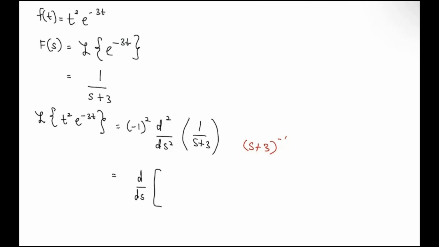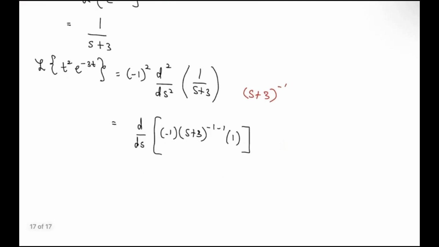What you get is negative 1 times (s plus 3) to the power of negative 1 minus 1, and then differentiate s, which equals 1. So this one is the differentiation: negative 1 times (s plus 3) to the power of negative 2.